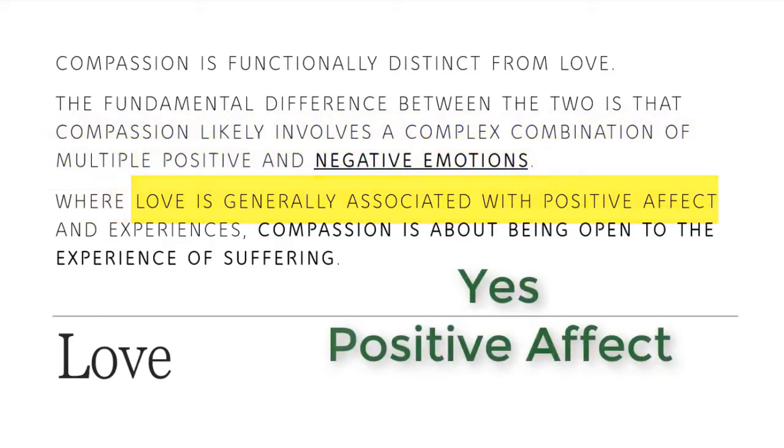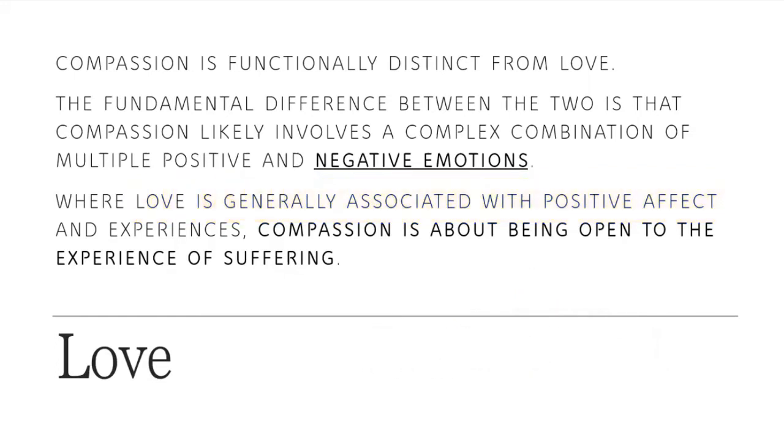So love is generally associated with positive affect and positive experiences. Compassion, on the other hand, like I said, is about being open to that experience of suffering, being able to recognize when I am angry and upset with things that my loved ones have said or that they have done, that I can offer myself compassion.